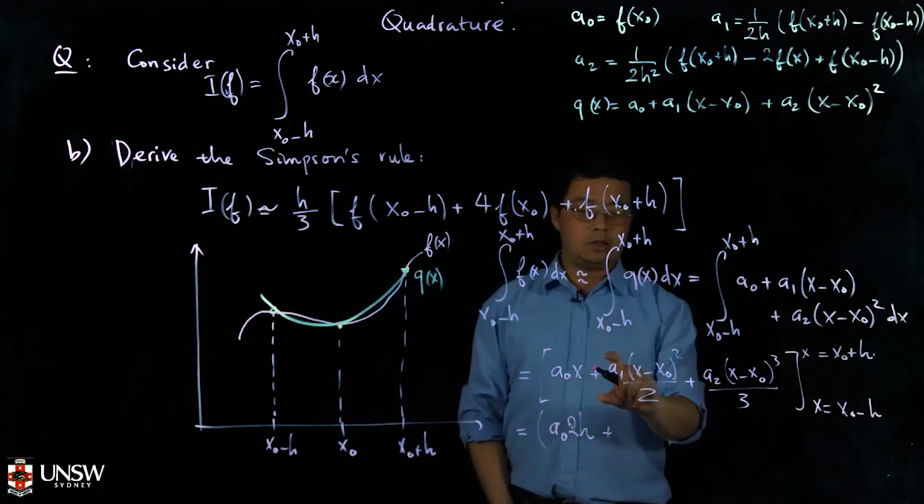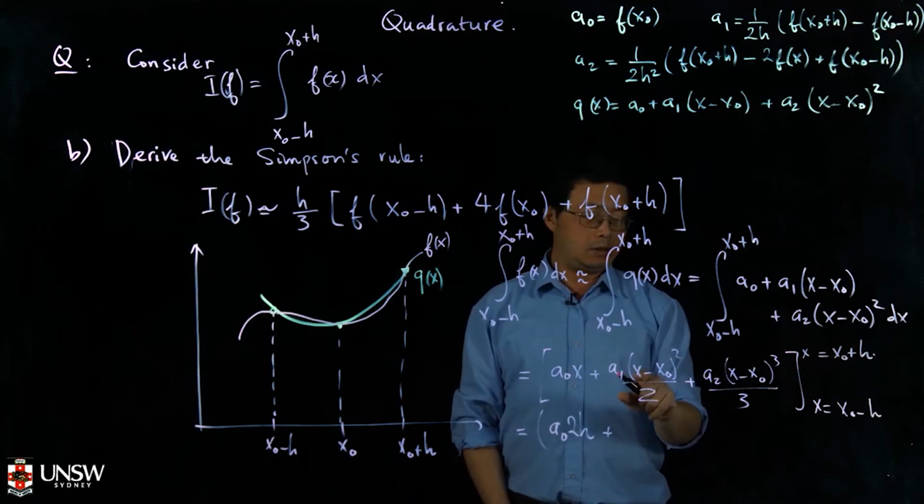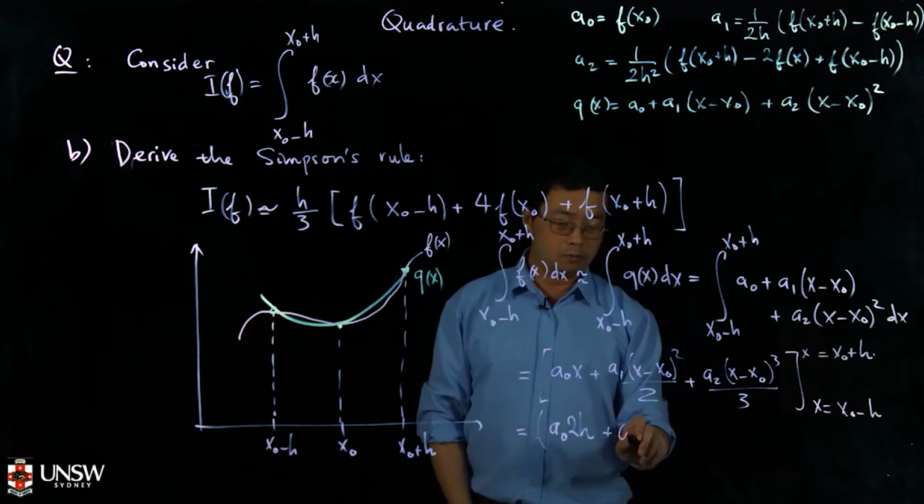And so for this one, when you put in x0 plus h, you get h squared here minus h squared, so it just equals 0.